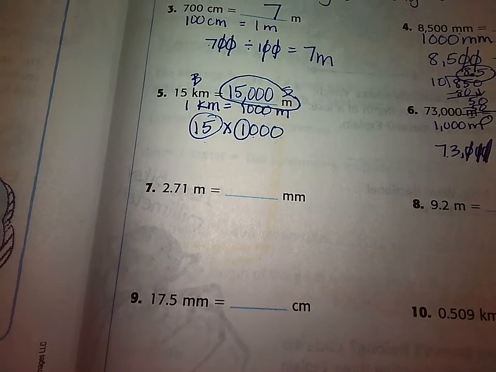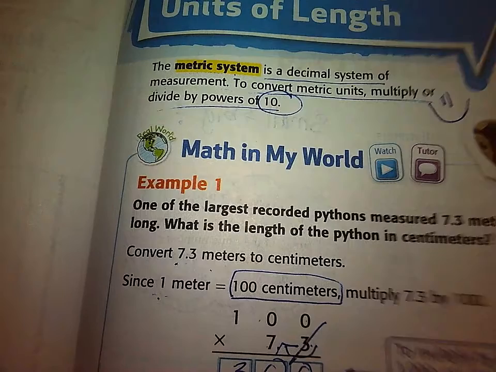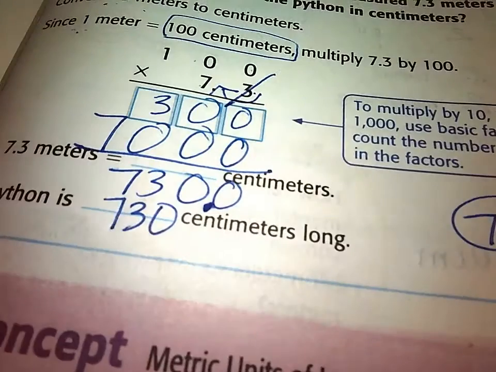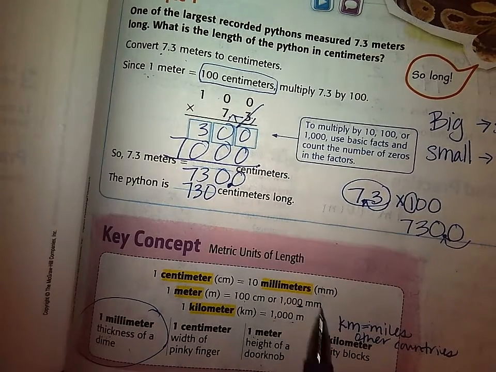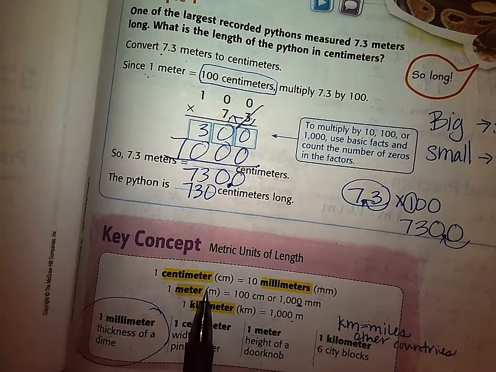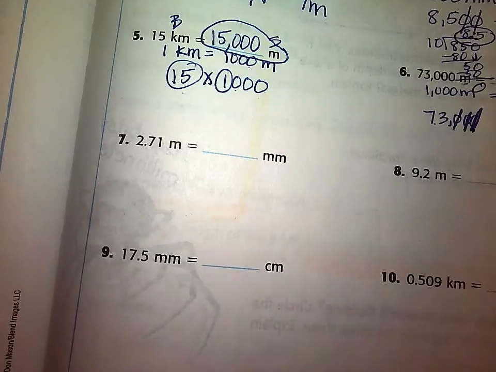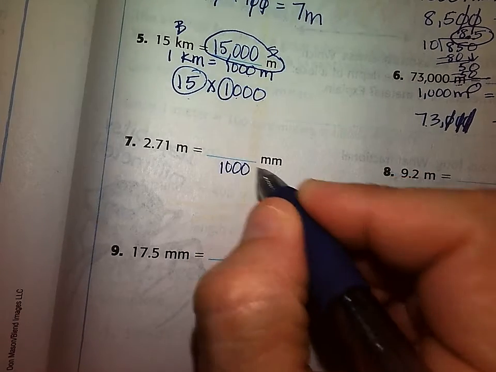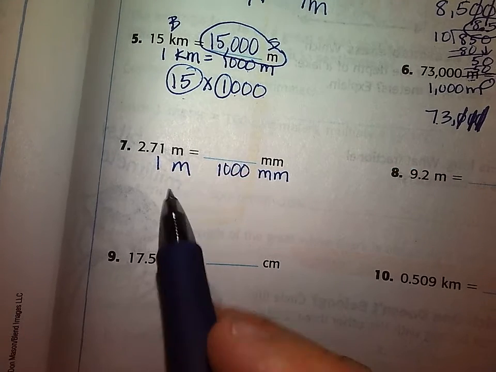Okay, 2.71 meters is how many millimeters? Okay, let's go back and look. There's 1,000 millimeters in 1 meter. Let's write this down: 1,000 millimeters in 1 meter. So that means meters are bigger.